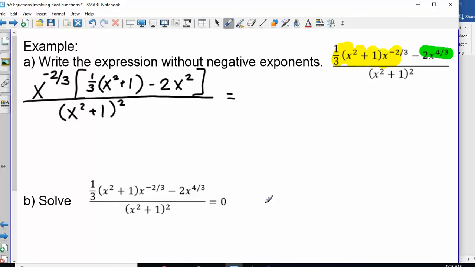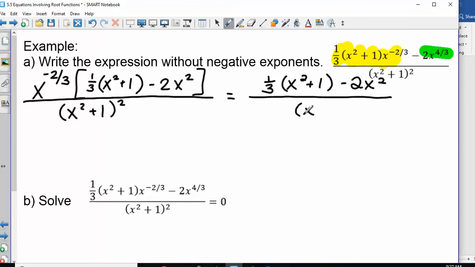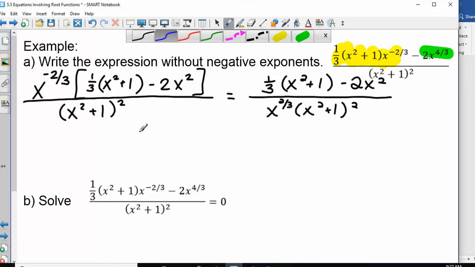Now, what could I do? Negative exponent goes down to the bottom. Our next issue is that we have a fraction on the top. If I wanted to cancel 1/3, what would I multiply by? 3.